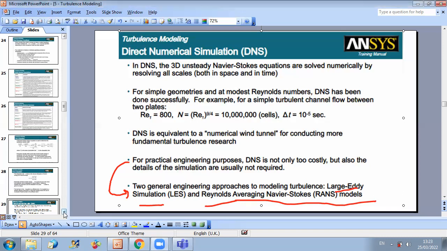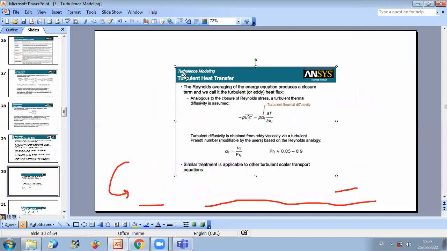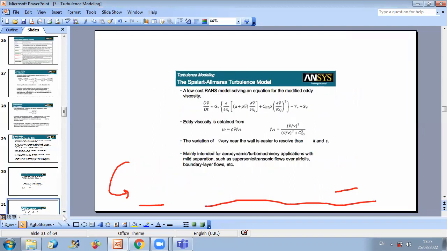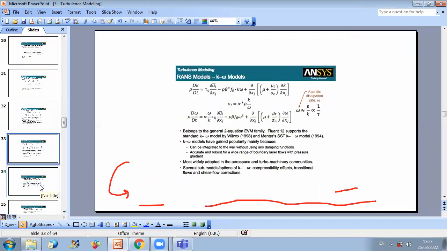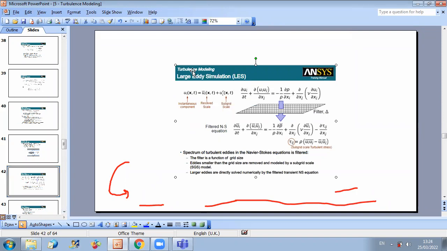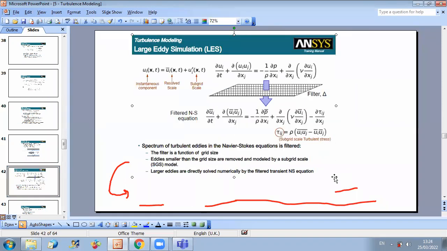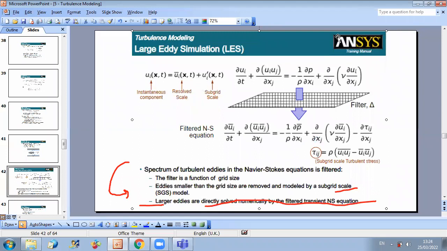So from here, let me show you the idea of large eddy simulation. As I told you, I will not go over the details of the equation solution, but we should know the properties of the flows, just to understand overall what large eddy simulation is.